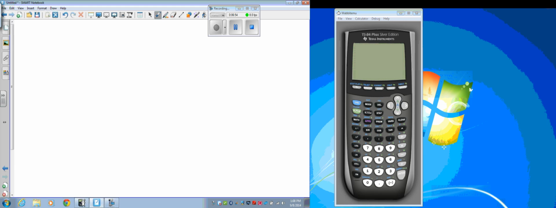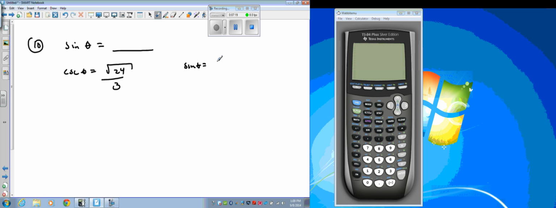Number 10 would be one where we'd have to rationalize. They want to know what the sine of theta is. And they've given you what? Cosecant, square root of 24 over 3. So what's the fundamental identity? Sine theta is 1 over cosecant, right?